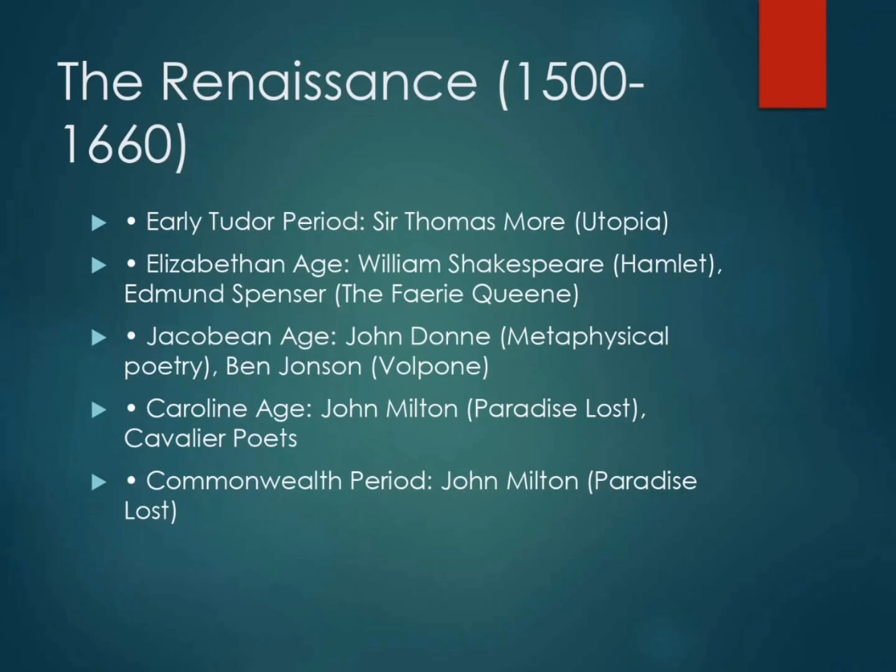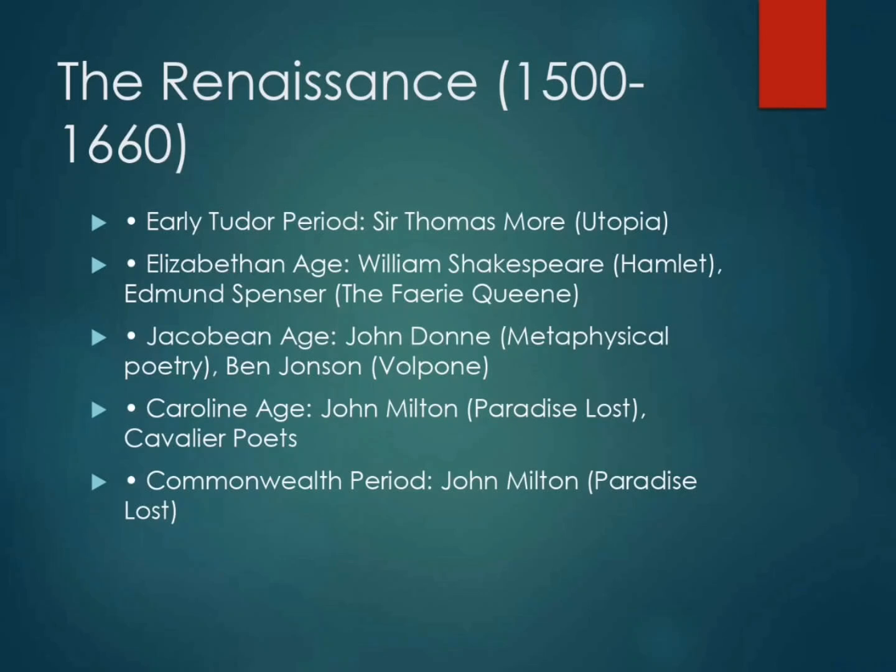This Renaissance period was divided into some ages. The first age was the Elizabethan age, where Queen Elizabeth was ruling in that period, so it was named after her. In this Elizabethan period, we'll be learning about William Shakespeare and Edmund Spenser, who wrote the famous work The Faerie Queene.